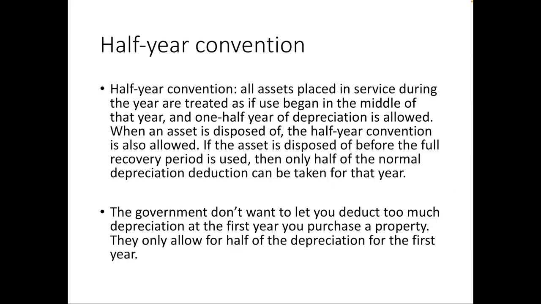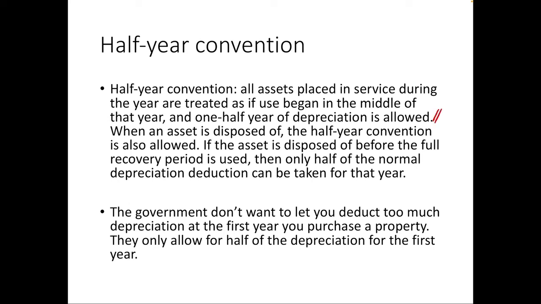So here is an explanation, in more detail, about the half-year convention. Okay, so half-year convention means all assets placed in service during the year are treated as if use began in the middle of that year, and 1/2 year of depreciation is allowed. Okay, so in the first year, everybody starts from the middle of that year, so depreciation is only one half year depreciation.